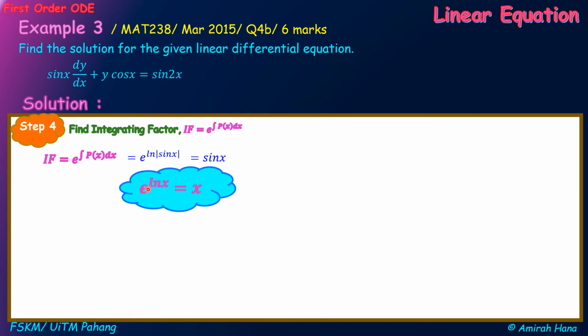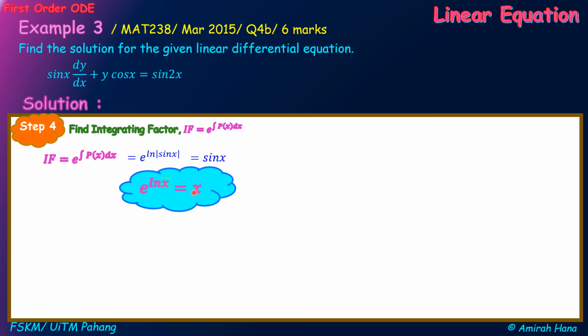Why? You can try using your calculator. Let's say you just replace x equals to 2. Using calculator, if we calculate e to the power of ln 2, it is equals to 2. Let's say if we replace x equals to 3, e to the power of ln 3 using calculator will give the answer 3. That's why the formula is e to the power of ln x equals to x.